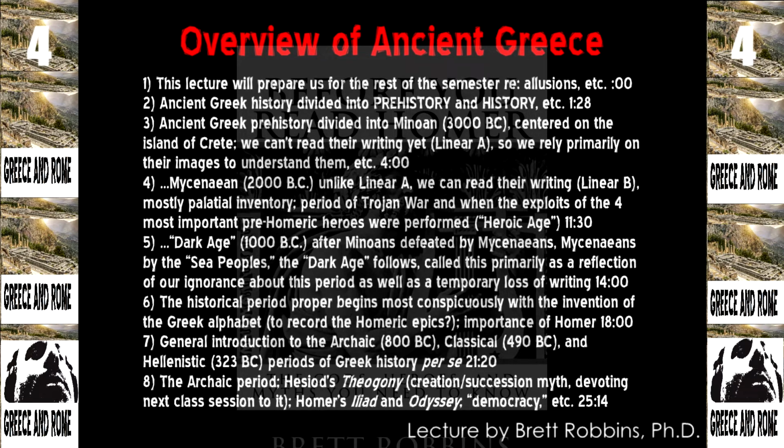Hesiod was a poet who supposedly lived at the same time as Homer. So we should think of the beginning of the Archaic period and a little bit into it, so around 750 BC, as the date often, if not usually given, for both Homer and Hesiod.